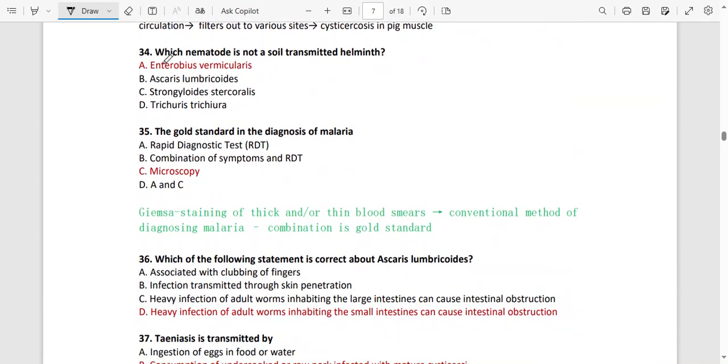Which nematode is not a soil transmitted helminth? Enterobius vermicularis, Ascaris lumbricoides, Strongyloides stercoralis, Trichuris trichiura. Which ones are the other soil transmitted? The doc gave a nice mnemonic to be able to know the soil transmitted helminths. Anyone who remembers the mnemonic that was given? NASAT.